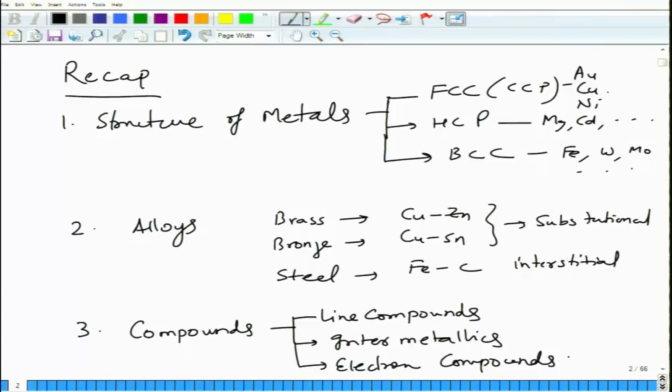For example, electron compounds have fixed electron to atom ratio. Similarly, intermetallics, like Fe3C, for example, is a line compound, it has a fixed composition. You have intermetallics like Ni3Al, CuZn, and so on and so forth. Electron compounds, we looked at some CuZn type of compounds system which has specific electron to atom ratios. So these are all materials which are metallically bonded materials predominantly, although intermetallics and line compounds may have some fraction of covalent or ionic bonding. Predominantly these are metallically bonded materials.